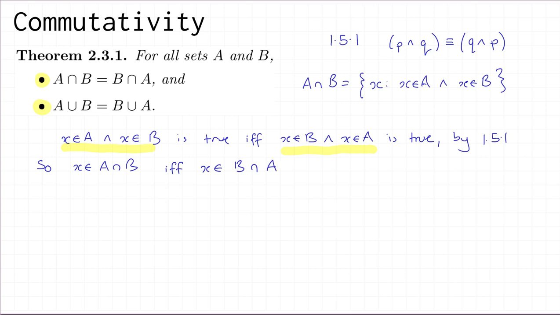Two sets are equal if something is an element of one if and only if it's an element of the other. So A intersect B equals B intersect A.